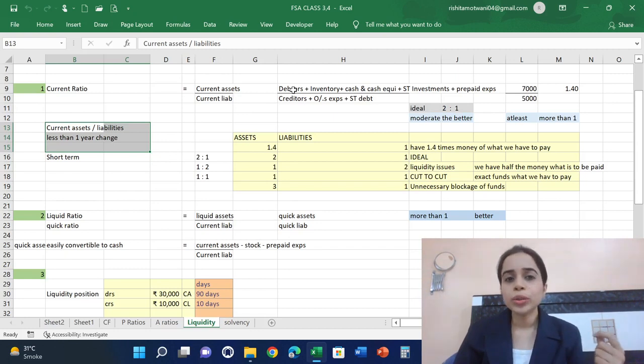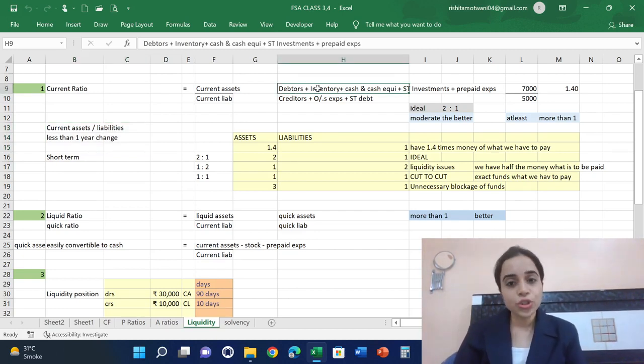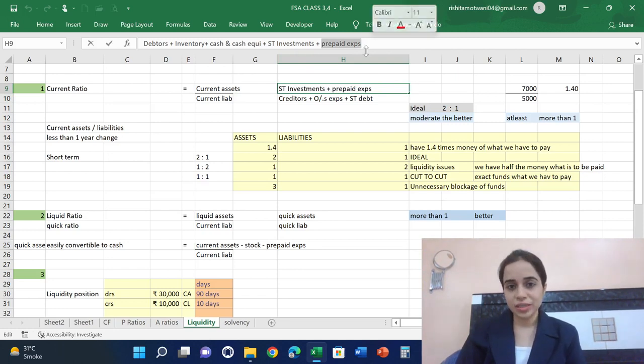And so what do you mean by current assets? The main assets covered under current assets are debtors, inventories, cash and cash equivalents, short-term investments and prepaid expenses.